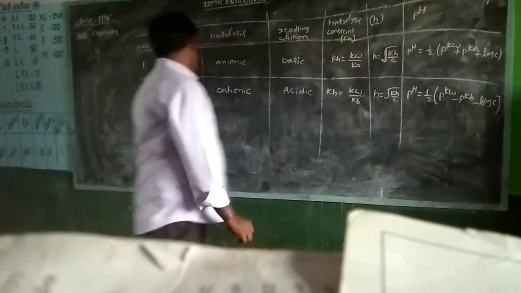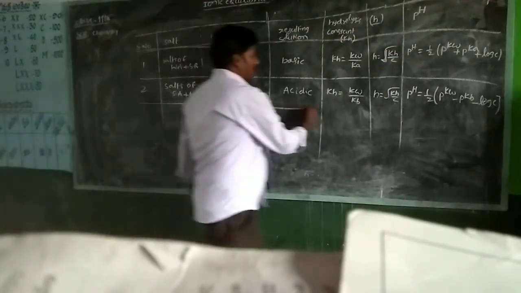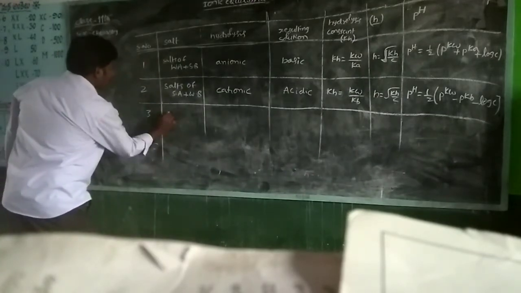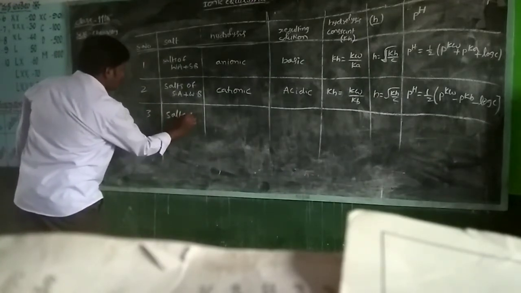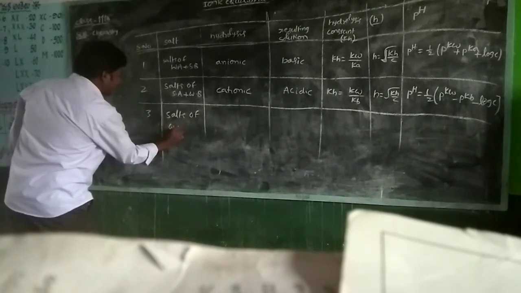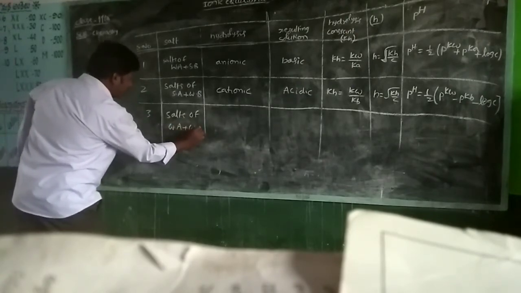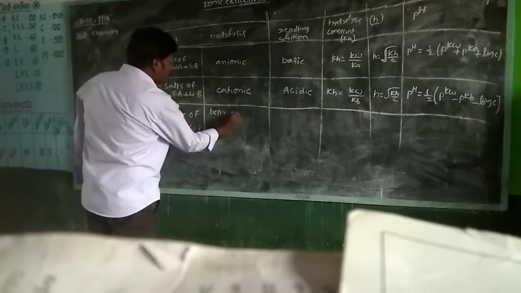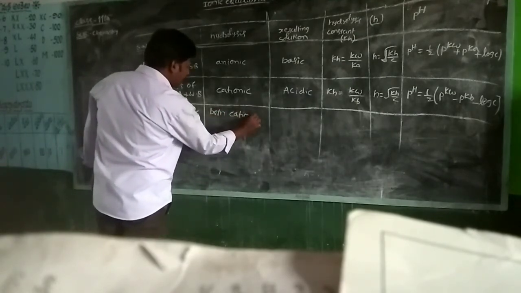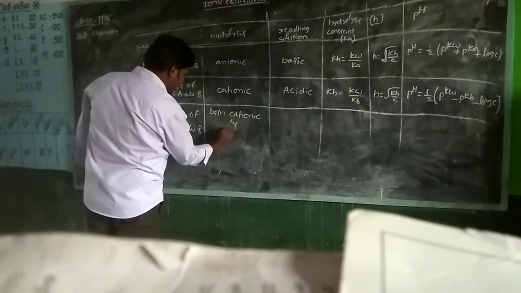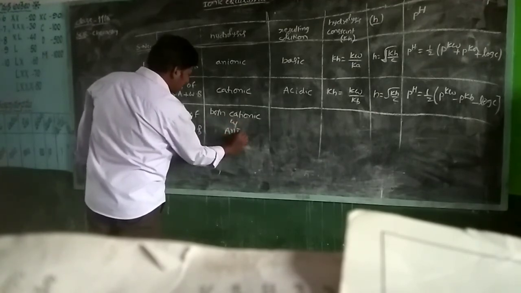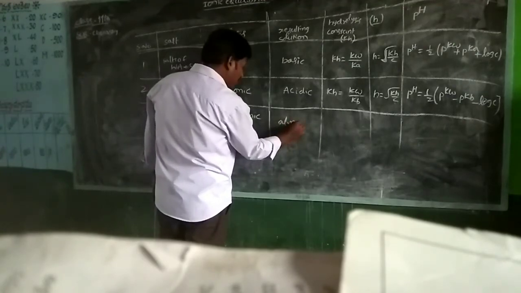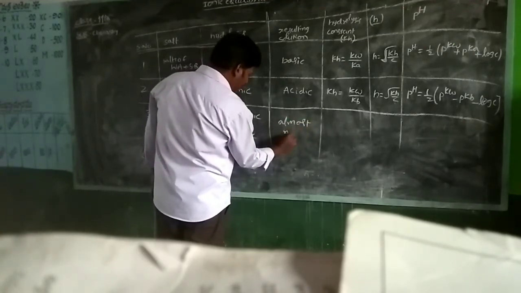The third one is the salt of a weak acid plus weak base, with both cationic and anionic hydrolysis, giving an almost neutral solution.